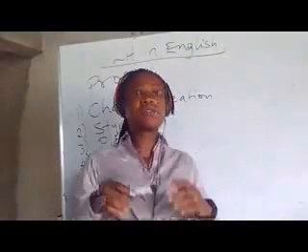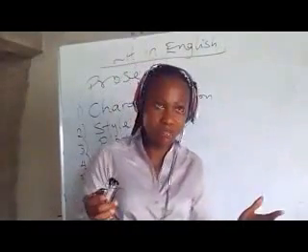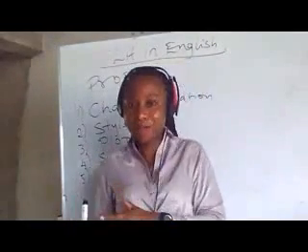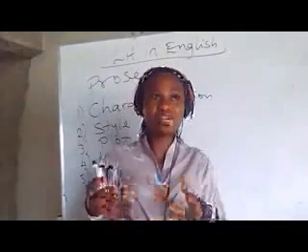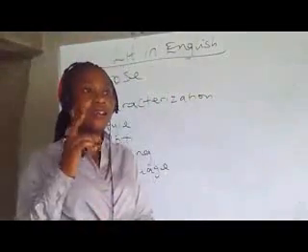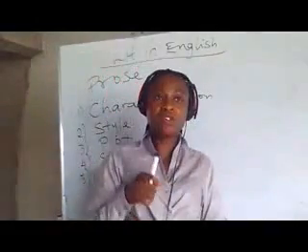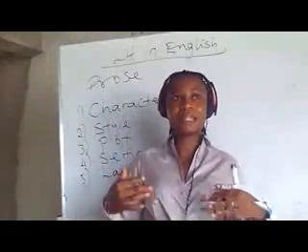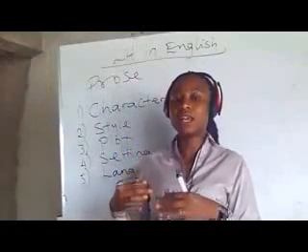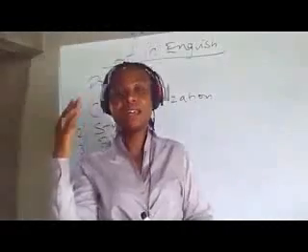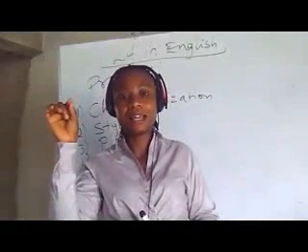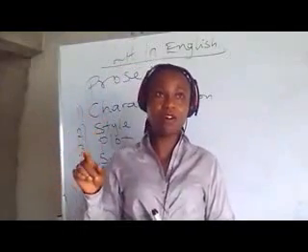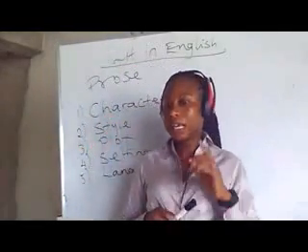And you also have other novels that you've been reading that have their setting in Akwa Ibom. Example, you have Perils of Misconduct. In Perils of Misconduct, you would find out that the setting is in Akwa Ibom, specifically the Ibibio axis. That is where the setting of Perils of Misconduct is.